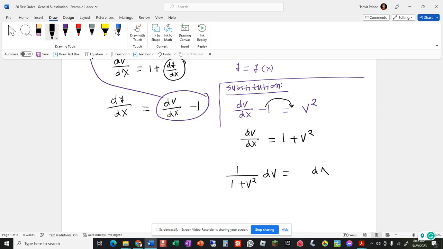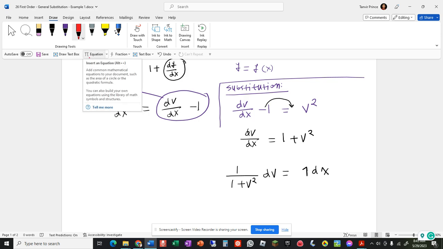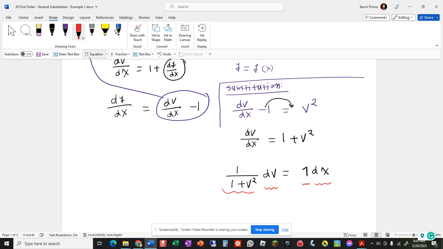I end up with this. Again, I divide both sides by 1 plus v squared, and I multiply both sides by dx. And of course, there's the invisible 1 here. So this is separable. I have some function of v times dv equal to some function of x times dx. So v takes the role of y.